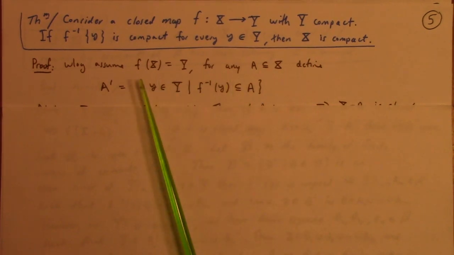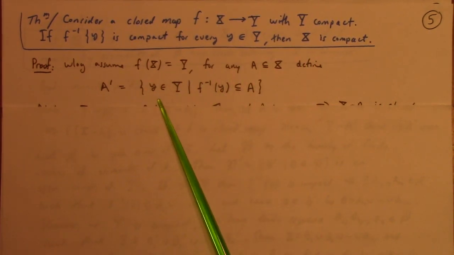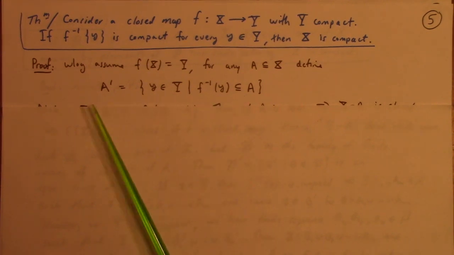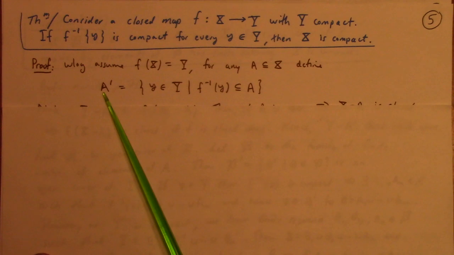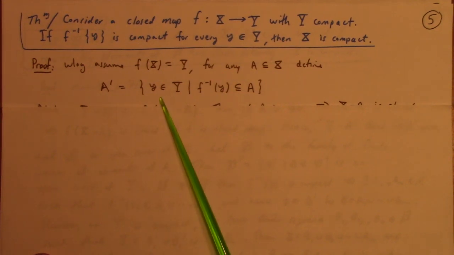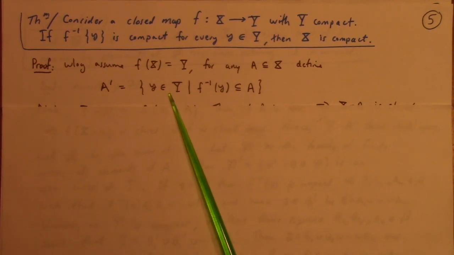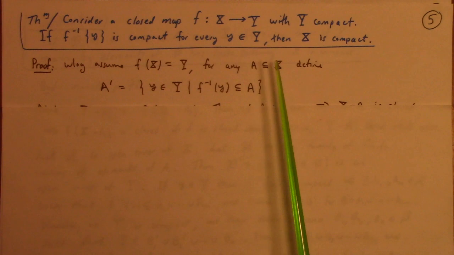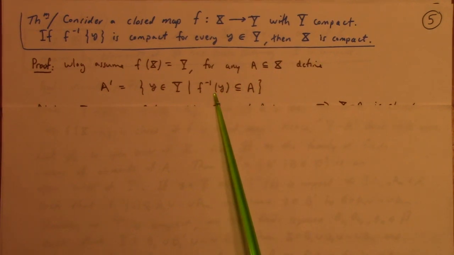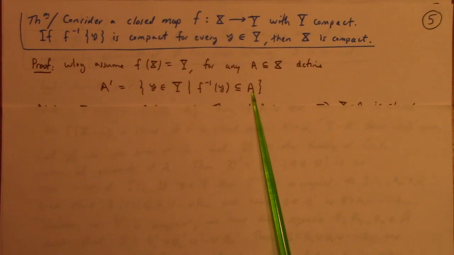And he defines this A prime gadget. He says A prime is the set of y such that the inverse image of y is a subset of A. So this is the set of points, all the y's which are getting mapped into A. The fiber of y is a subset of A, right?